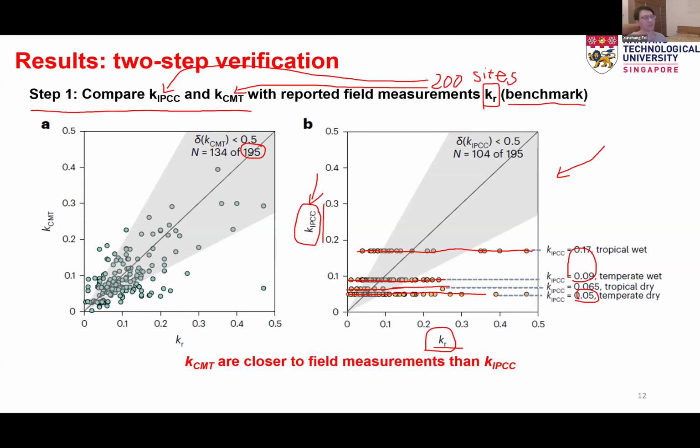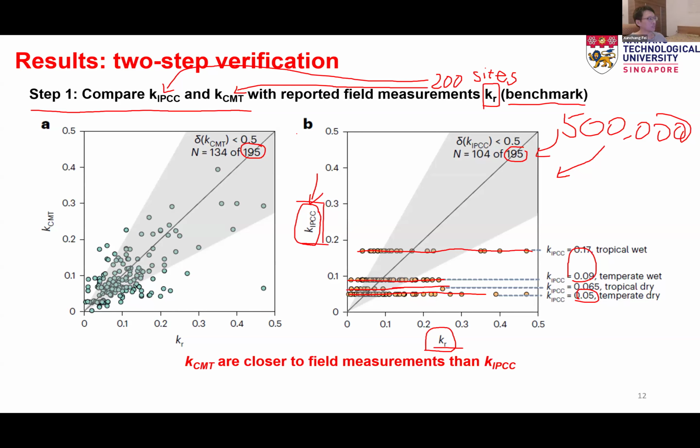But again, from all these landfills worldwide, by the way, I believe there are currently maybe around 500,000 landfills worldwide. Only 200 landfills have been measured for their K values. So just imagine how difficult it is to measure the K from the site, right? So we still have to use some estimations. All right, and again, the KIPCC estimation obviously is not very good.